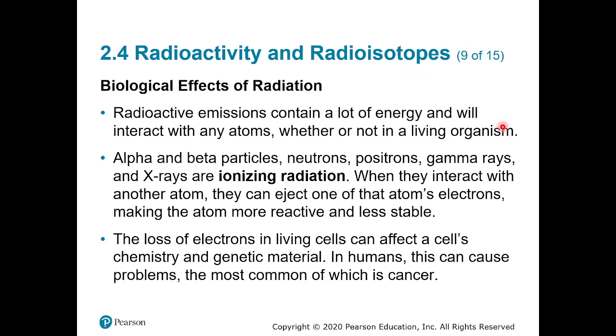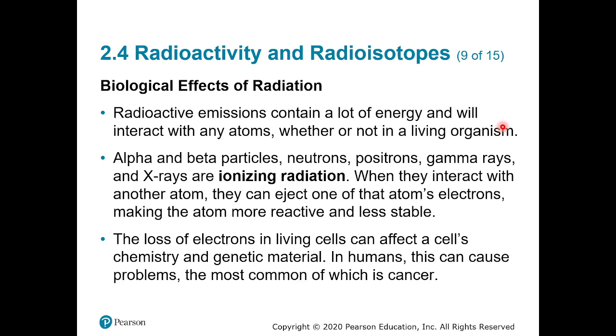Alpha and beta particles, neutrons, positrons, gamma rays, and X-rays are ionizing radiation. Anybody ever heard of ionizing and non-ionizing radiation? Okay. So ionizing radiation is types of radiation that will cause ions to develop. Non-ionizing radiation is stuff that will not cause any ions to develop.